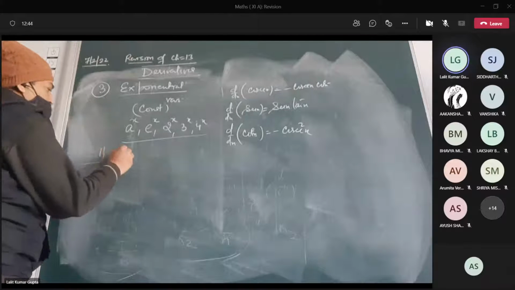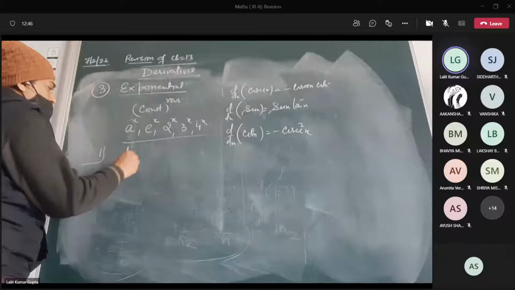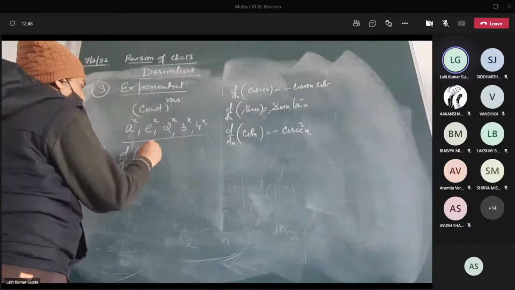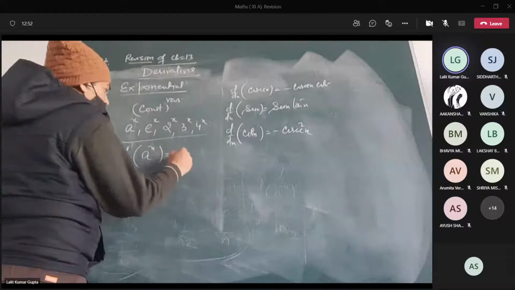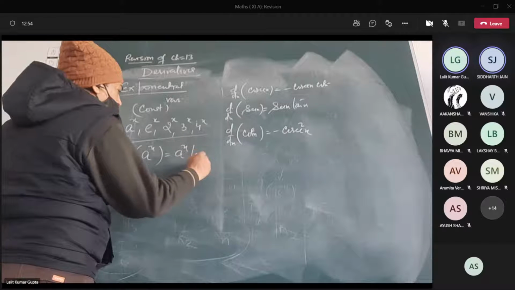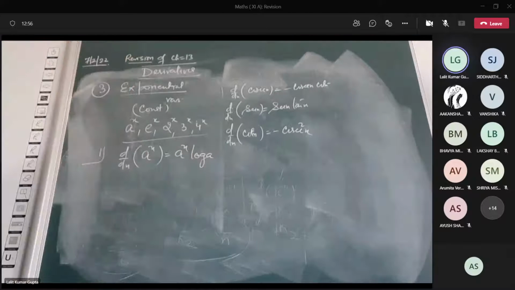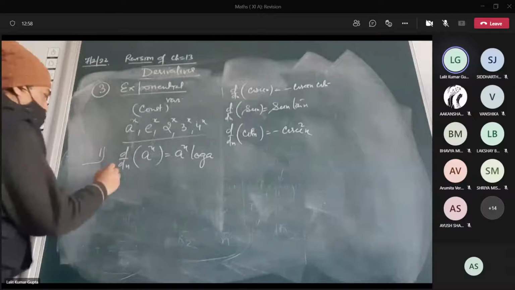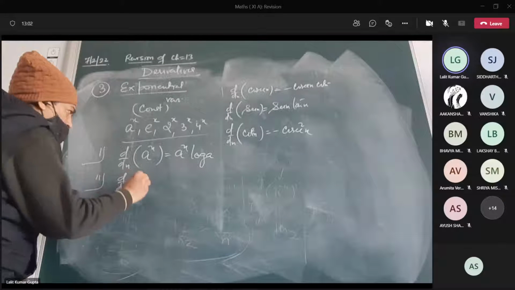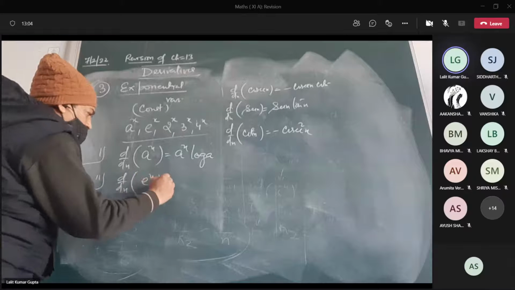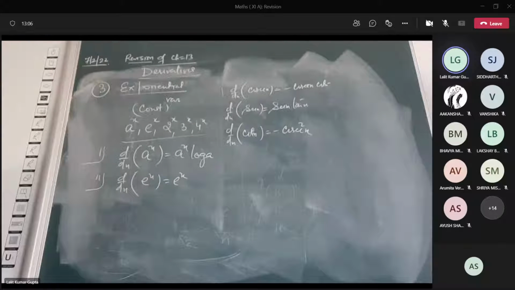One is d by dx of a raised to the power x, which is a raised to the power x into log a, right? Now second, d by dx of e raised to the power x is equal to e^x only.